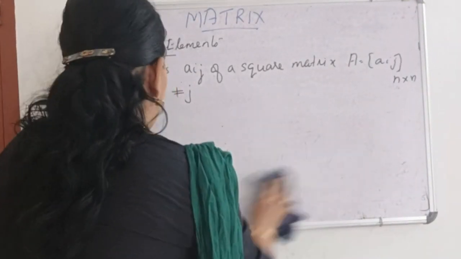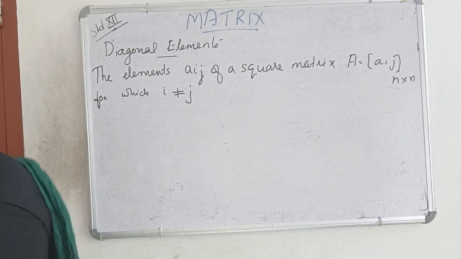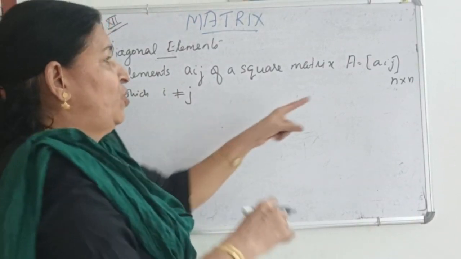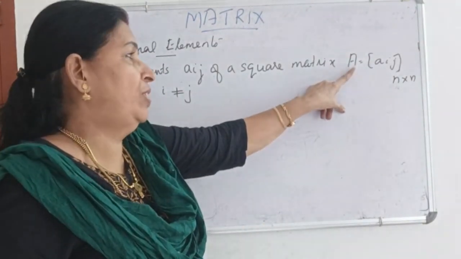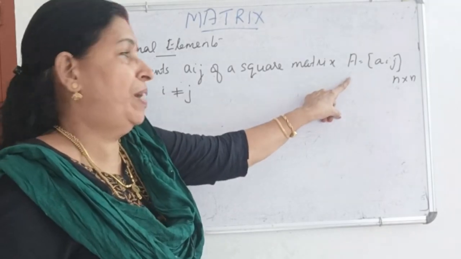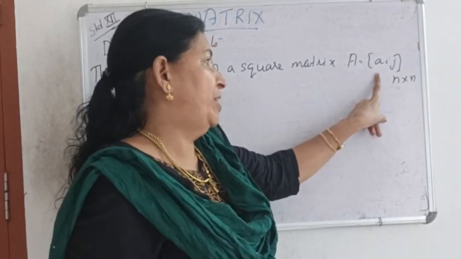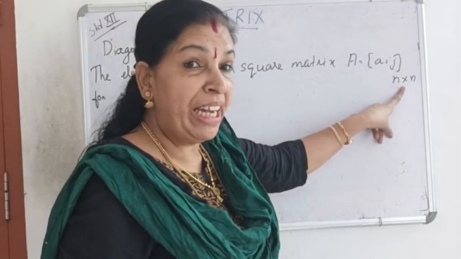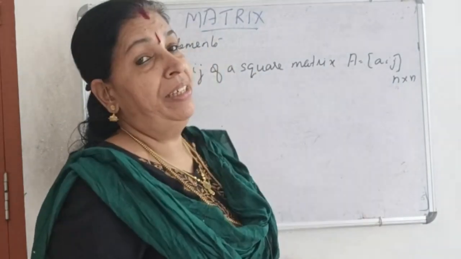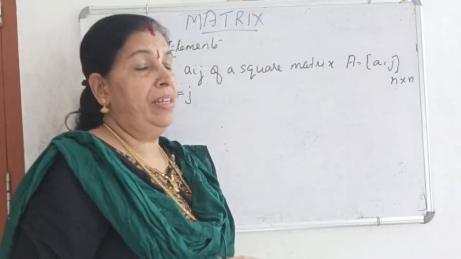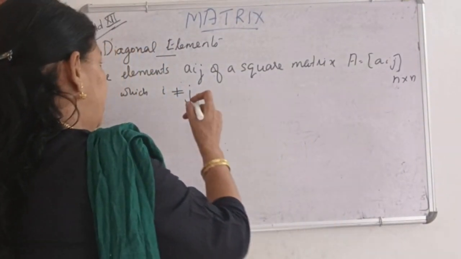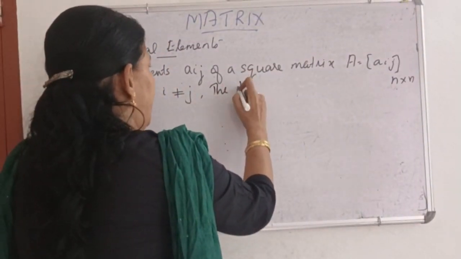The elements Aij of a square matrix A of order n by n, that is there are n rows and n columns, are called the diagonal elements.